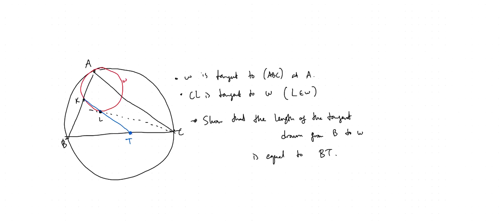Basically, you will just analyze this statement that the length BT is equal to the length of the tangent from B to omega. You will simply study this statement and try to formulate it somehow.